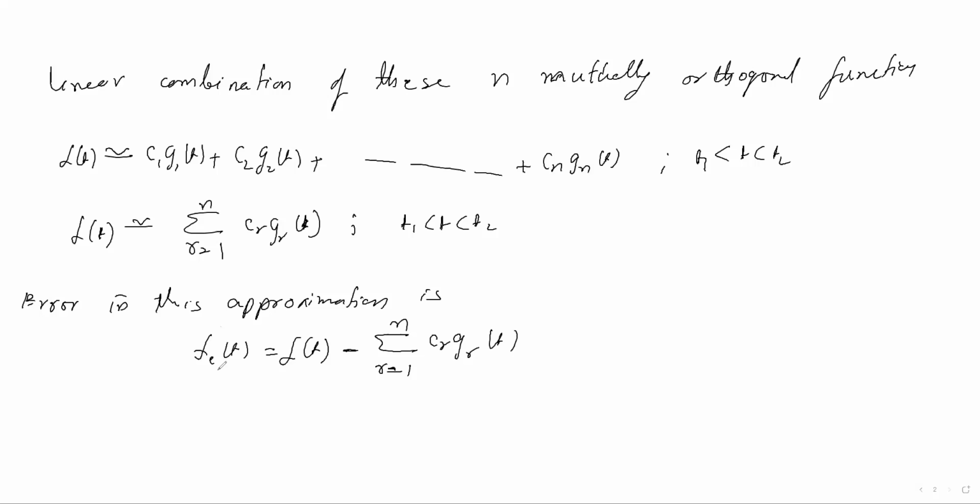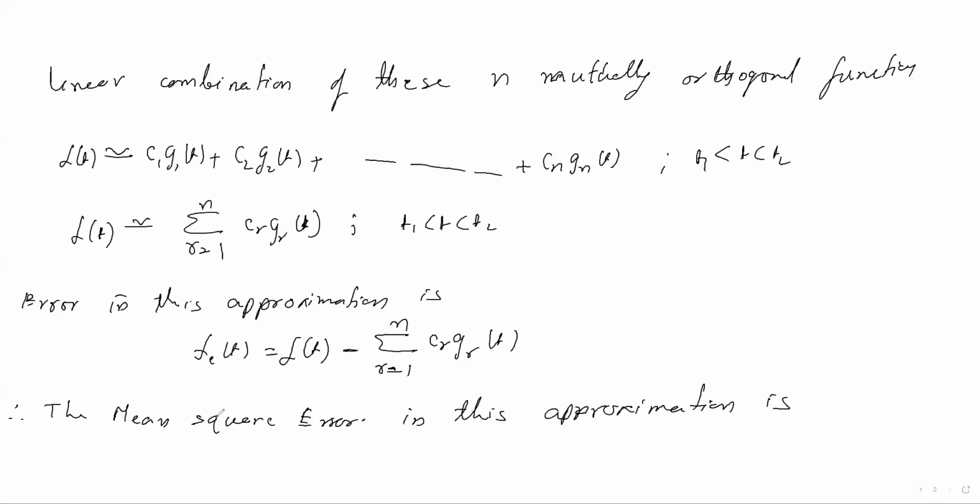Because our topic is to derive the mean square error, the mean square error in this approximation is epsilon equal to 1 by T2 minus T1 times the integral from T1 to T2 of fe squared(t) dt.